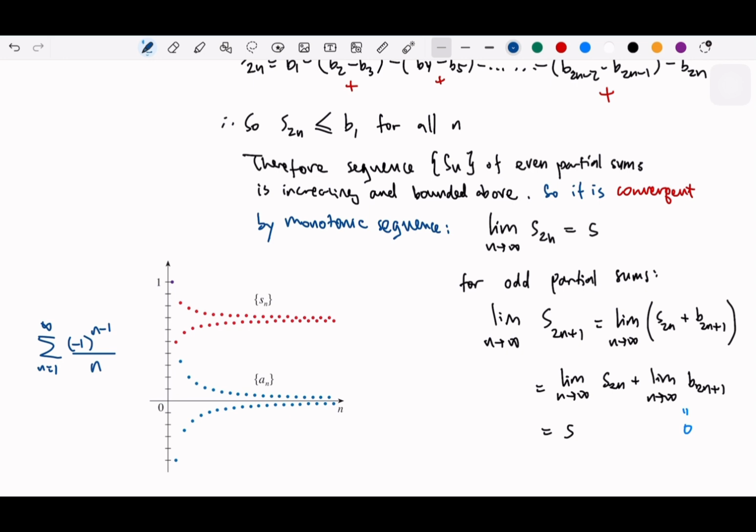If we only look at the sequence, then this will be the an. But if we look at the Sn, it will be a positive value.